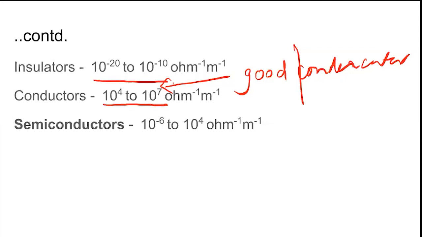It can be a large number of free electrons. Yes, you can say so. Basically, it's because it is defined over a range.